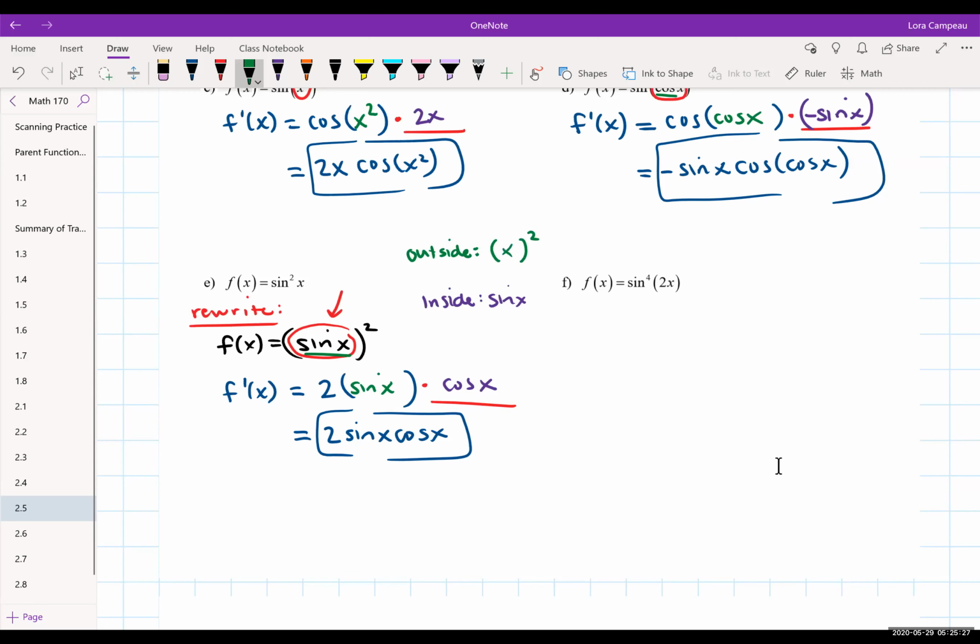I know it's not quite an x, it's something more complicated than x, but if you try to take the derivative, that helps you understand that the derivative is 2 times something. So that's where we're getting this part right here.